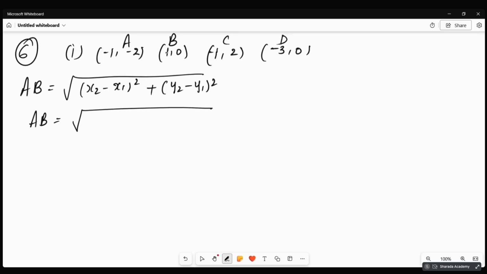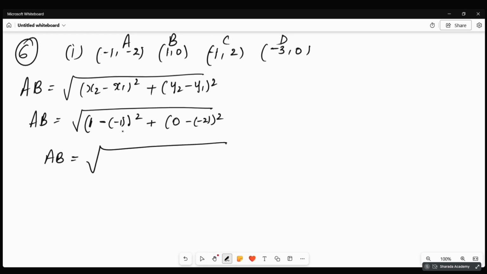Root of (1 minus of minus 1) whole square plus (0 minus of minus 2) whole square. Minus into minus plus, 1 plus 1, 2 square, plus here also 2 square. So AB is equal to root of 4 plus 4, 8, or AB is equal to 2 root 2.